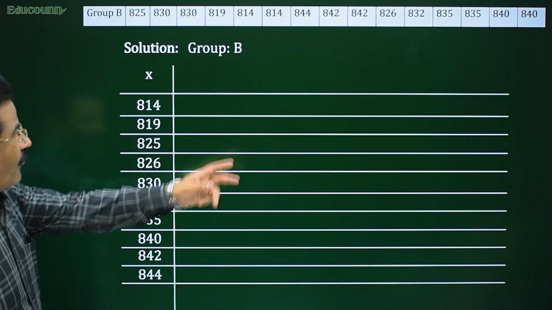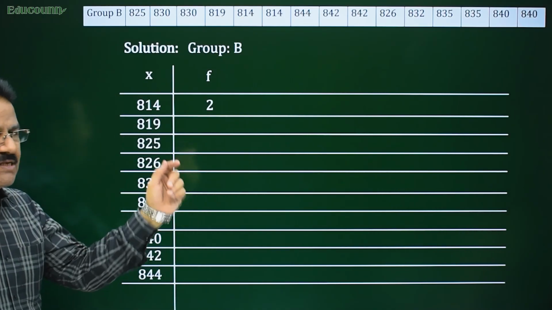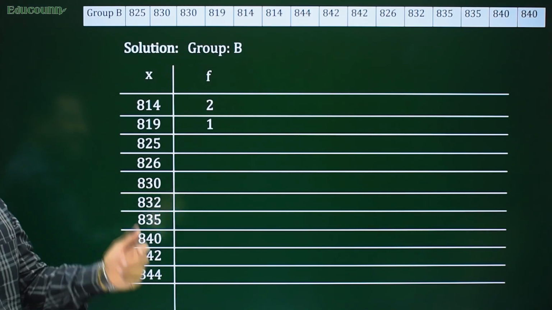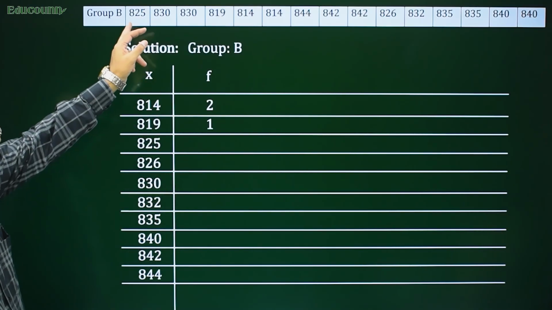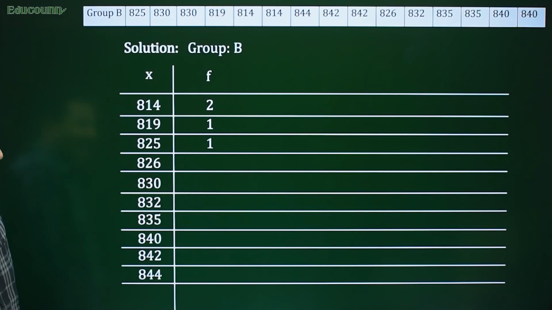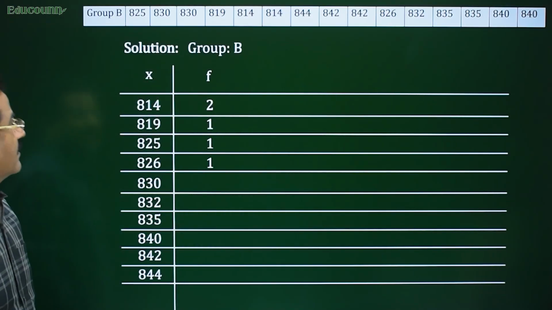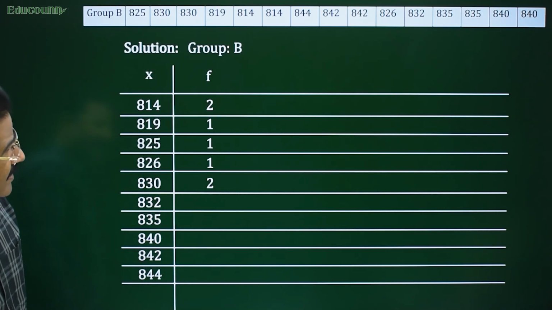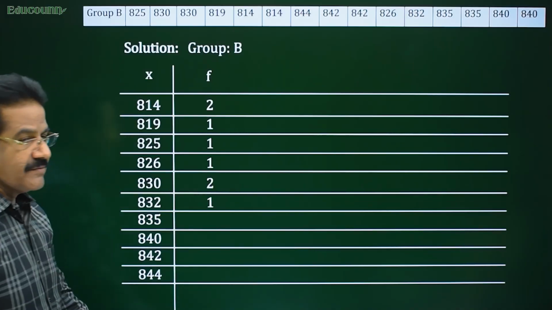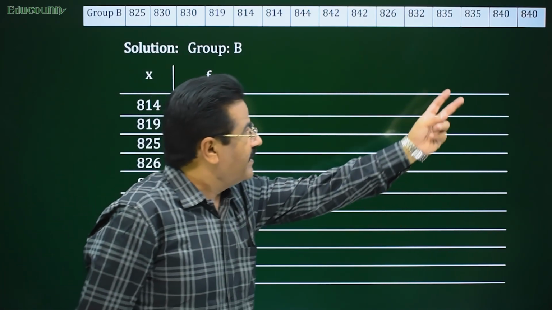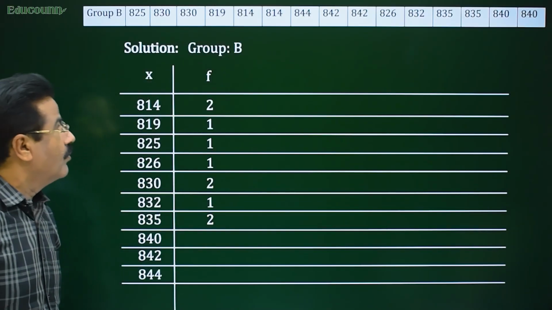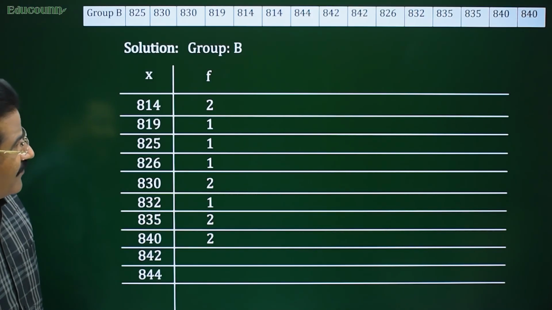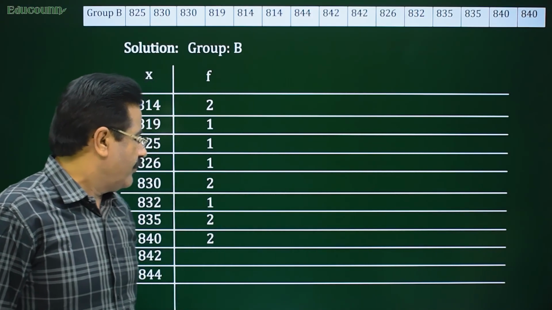See that 814 is repeated twice. So it is equal to 2. 819, which is present as the fourth reading over here, only once. 825, which is the first reading, that is once. 826, we can observe here only once. 830, second and third reading, so 2. 832, we can see over here, so it is only once. 835, it is repeated 2 times, so that is equal to 2. 840, last 2 readings, so that is 2. 842, we can observe 842, 842, means 2.